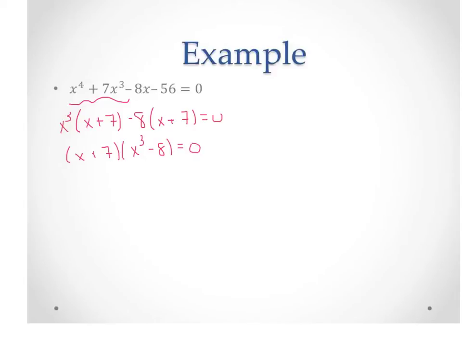Well, x cubed minus 8 is a difference of cubes. So on our next step, the x plus 7 stays out front. Difference of cubes, this is x, this is 2. This is going to be x minus 2 times x squared plus AB, which is 2x plus 4, equals 0. Okay, so the next step is to set all 3 of those equal to 0.